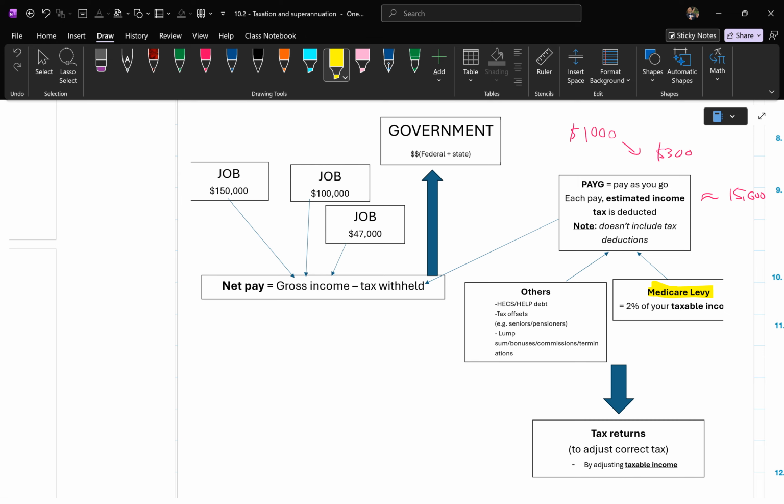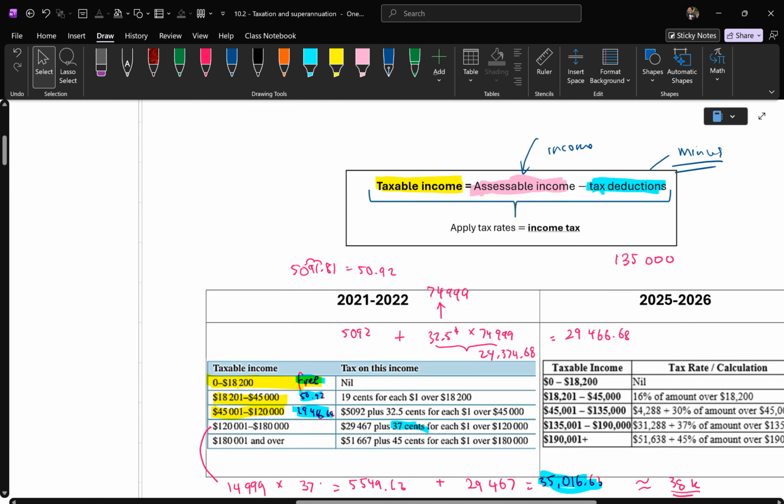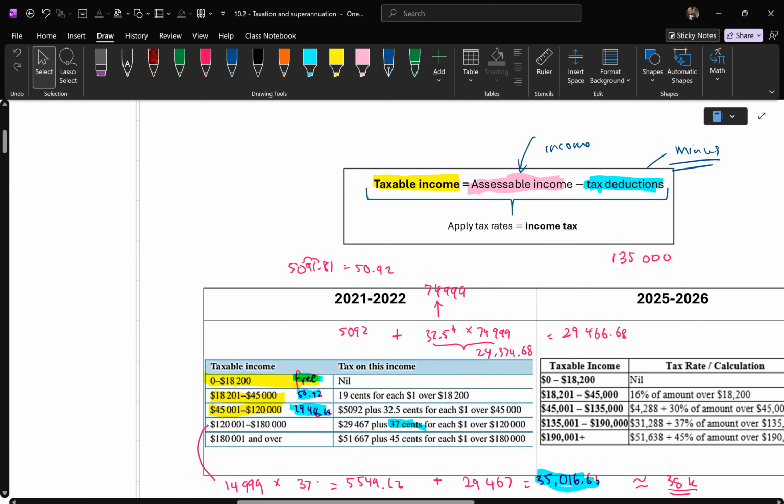So if you've ever been to the doctors and your parents have a Medicare card, to swipe that card, that's the contribution that we all taxpayers contribute to keep that system going. Okay? So it's 2% of your taxable income. So whatever you actually get over here, 2% of that goes to Medicare levy.